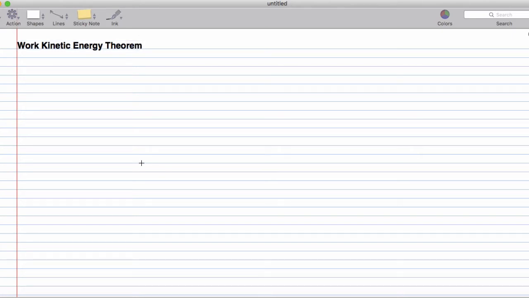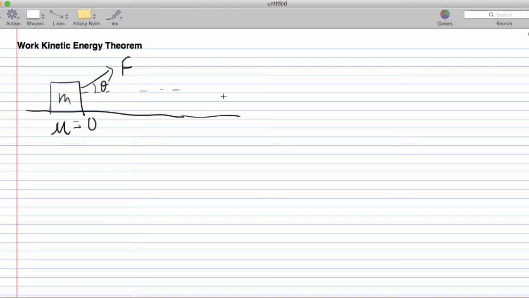Basically, when we have an object, and let's say this is the angle it moves through. Let's say it has an initial speed of 0, and then we drag it, and now let's say that it's moving here.